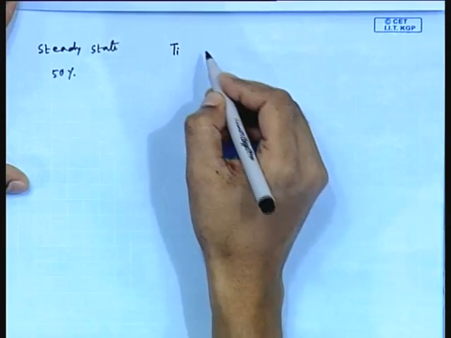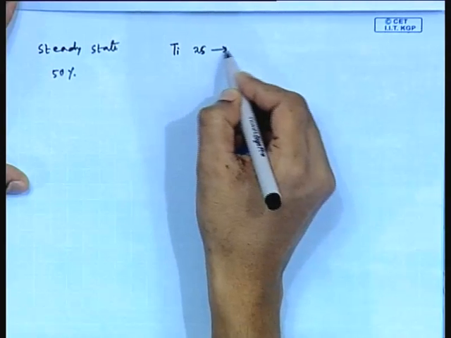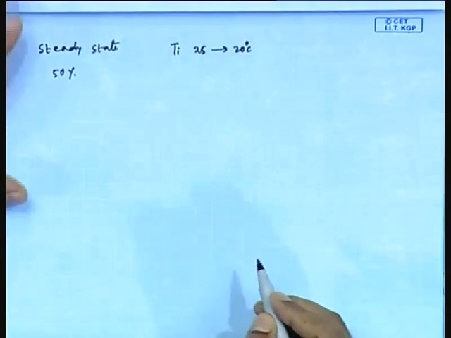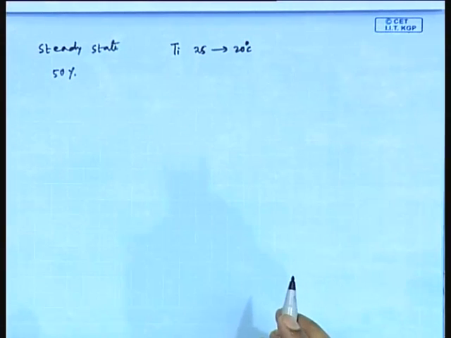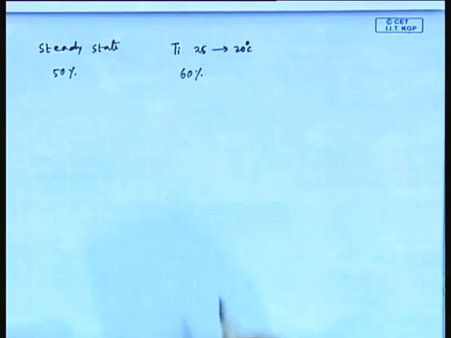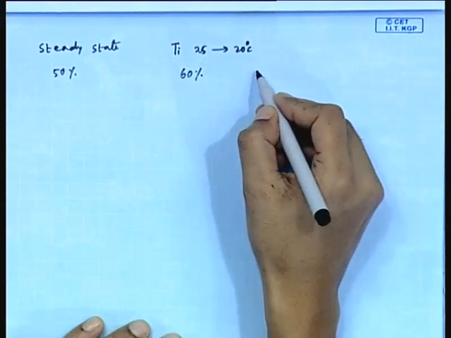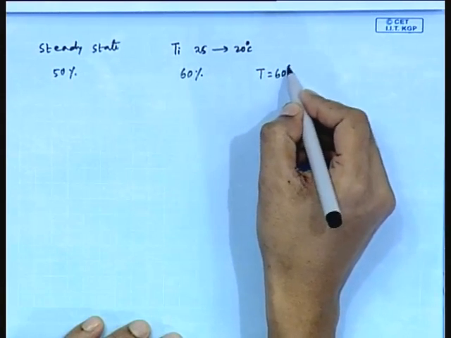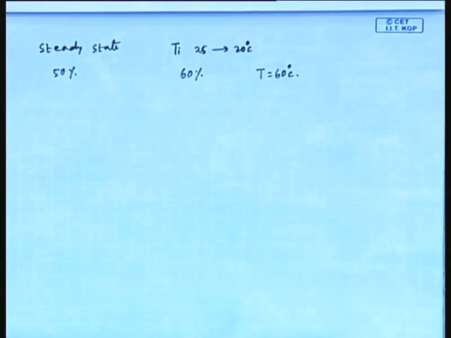If Ti changes from 25 to 20 degrees Celsius, suppose it is required to open the valve 60% to maintain temperature at 60 degrees Celsius.